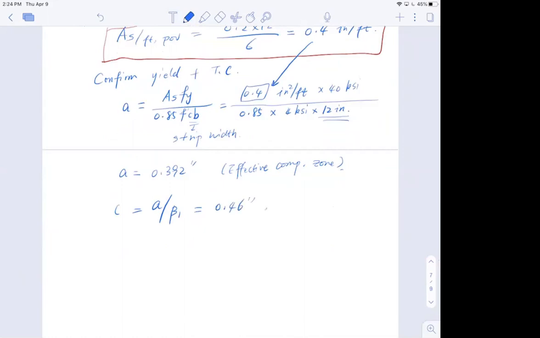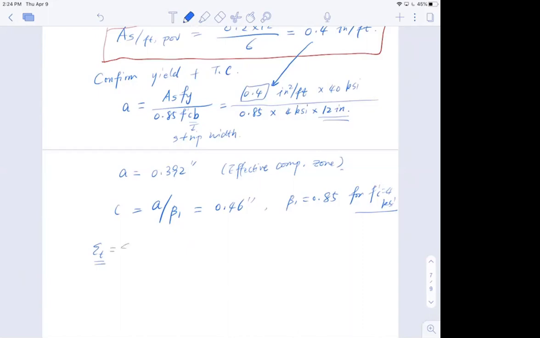And remind us again, what is beta 1 here? Beta 1 is 0.85 for f'c equal to 4 ksi. Those are the Whitney stress block equation factors. And now with that, I can calculate the strain in the tension, the last layer of steel, epsilon t.